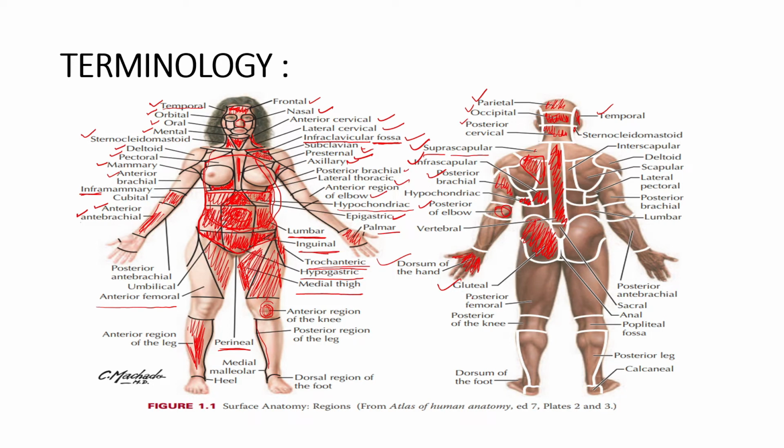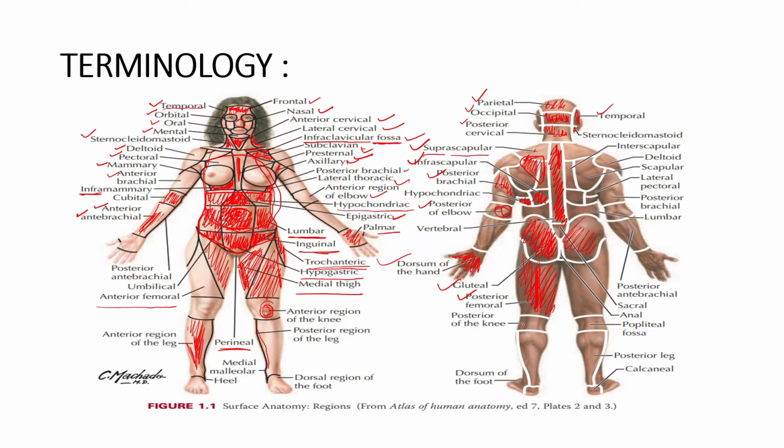In both sides we can see this. Now this is posterior femoral region. We know that the longest bone of our body is situated here, and just backside of that bone these muscles are situated. So it is called posterior femoral portion.